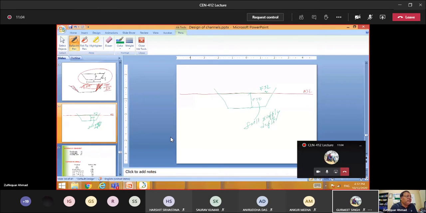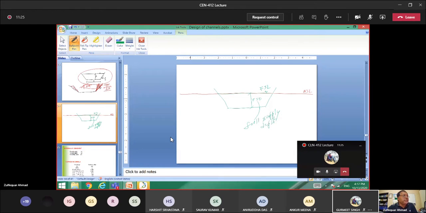HFL is the highest flood level, and the highest flood level you will get in the river, in the drains, not in the canal, because in the canal you have the regulated flow. So here we'll get the full supply level.